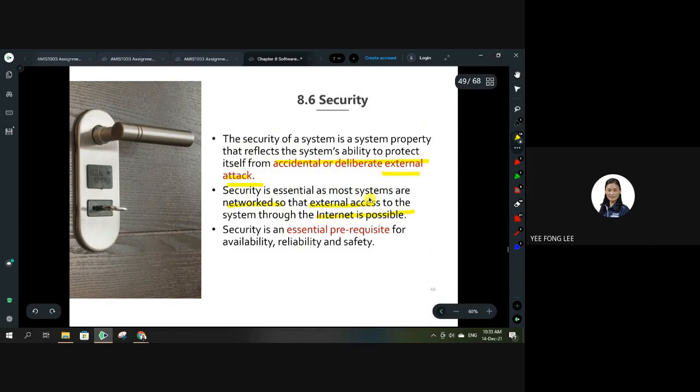So for some systems, security is the most important dimension of system dependability. Let's say electronic commerce, or those systems that involve processing and interchange of confidential information. Security is most important to them.